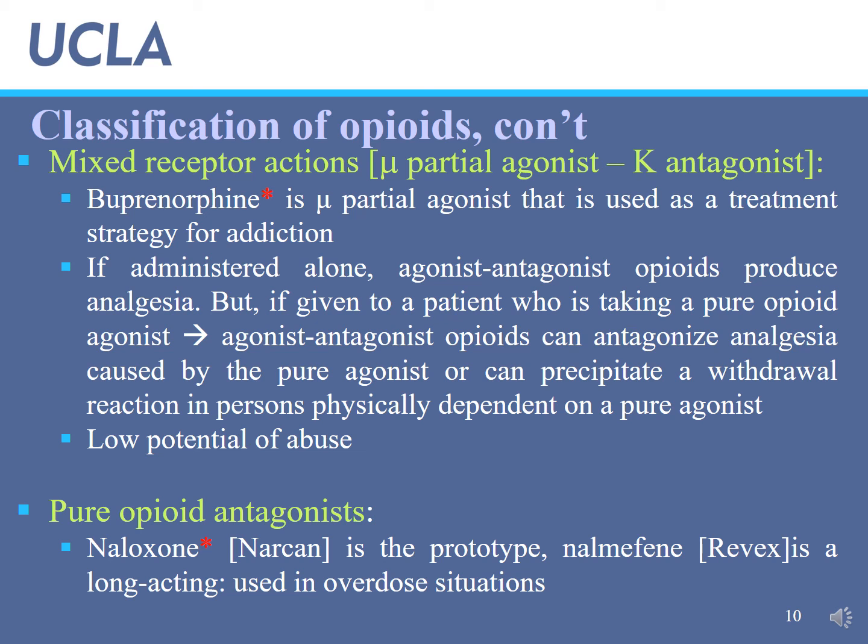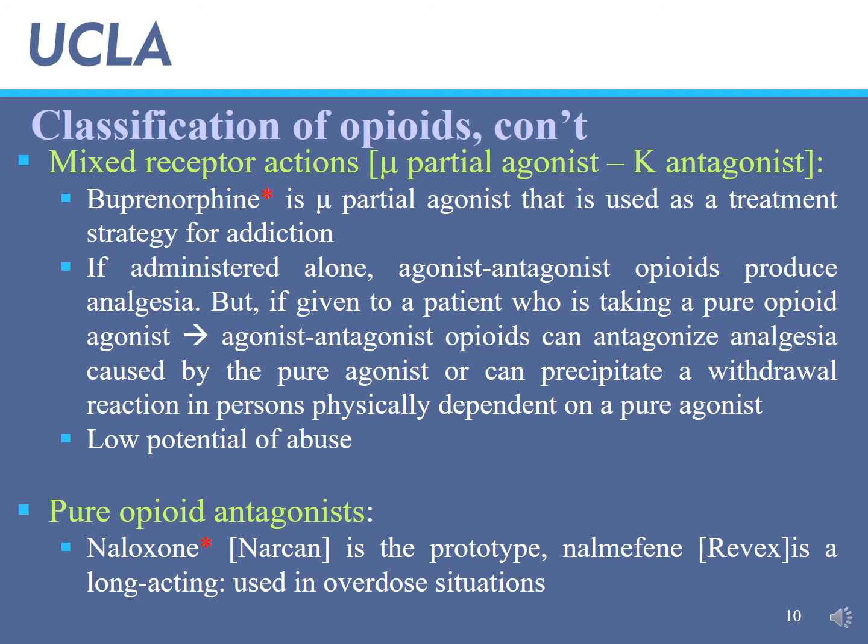But when it's given to a patient who is taking a pure opioid agonist, so let's say a patient who was on heroin, the agonist-antagonist opioid can antagonize the analgesia caused by the pure agonist, or can precipitate the withdrawal reaction in those that were physically dependent on the pure agonist.